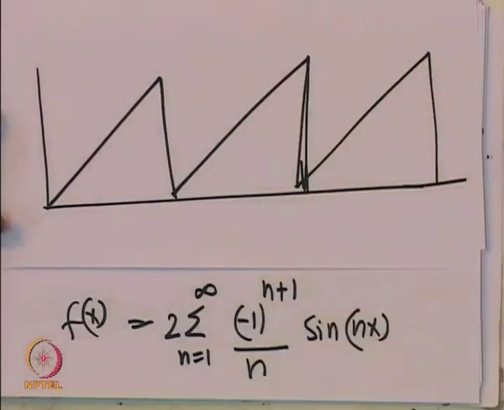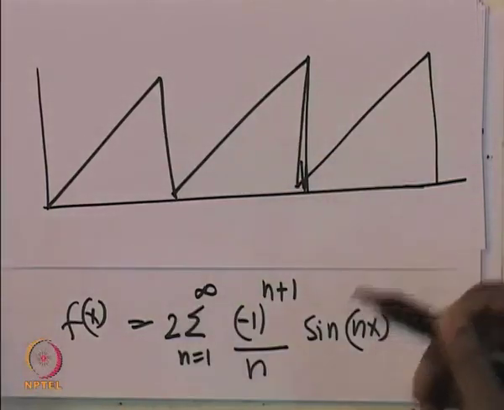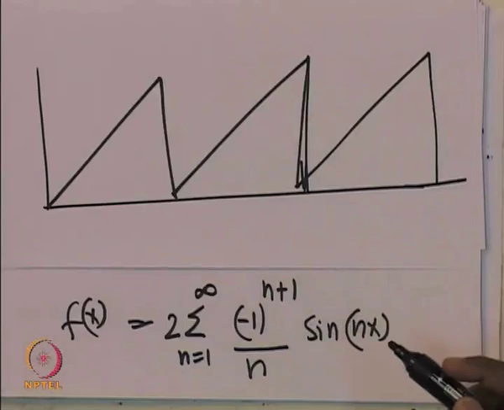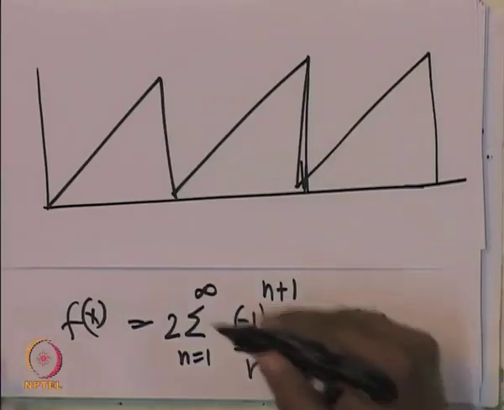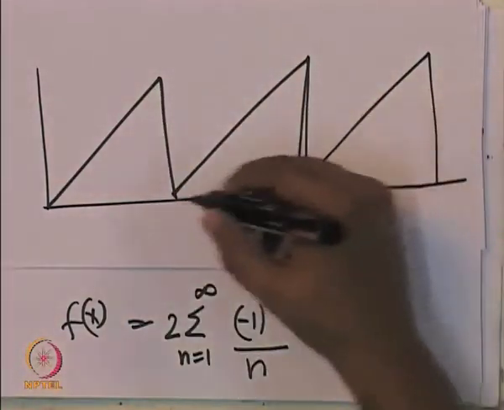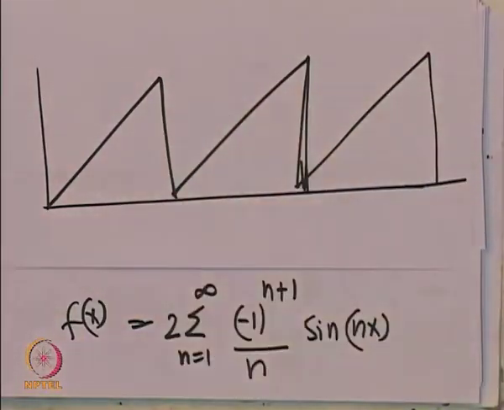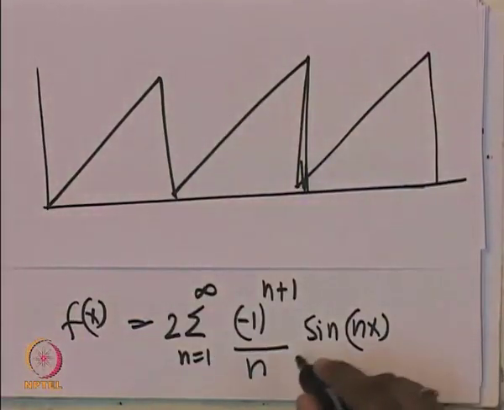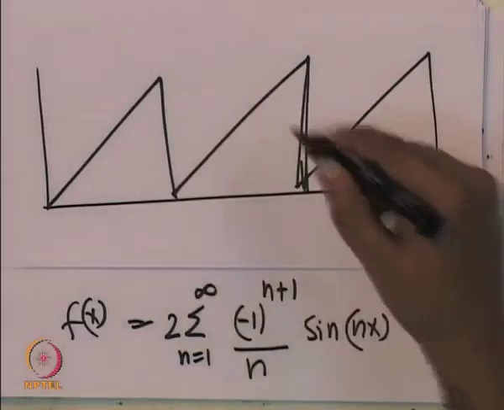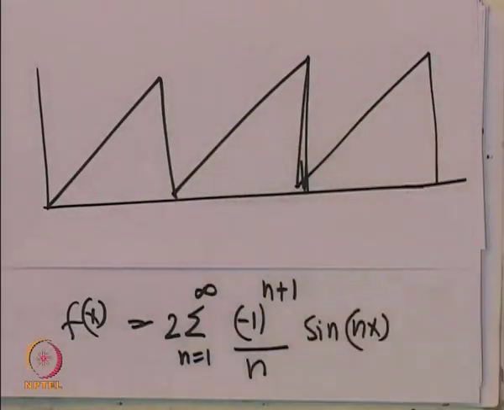This claim kind of looks non-trivial, because sine typically does not look sharp like this. Sine looks like a very smooth curve, and by summing such smooth curves infinite times, you get some such sawtooth like pattern. That is the claim.